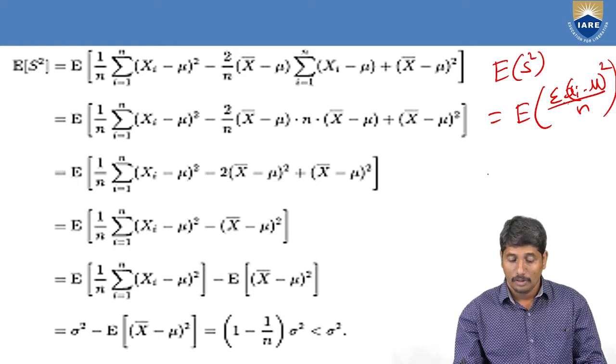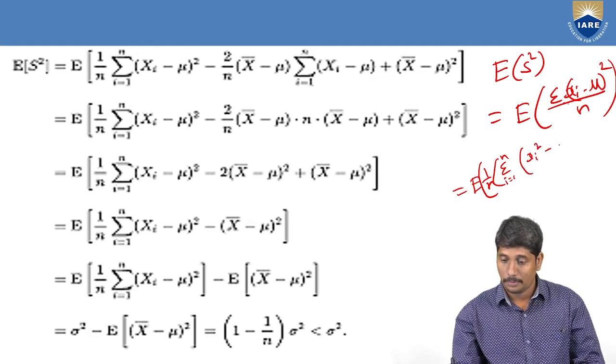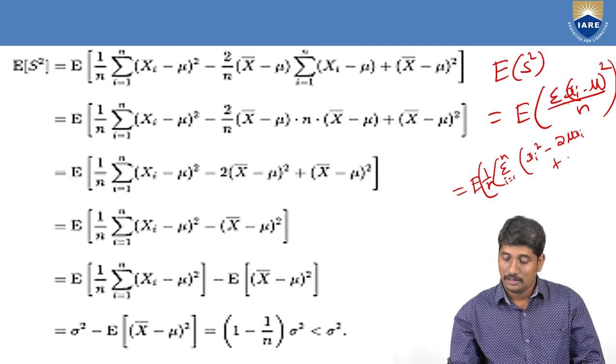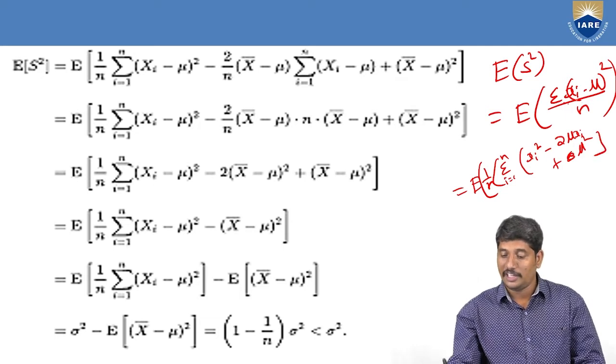Now let us write it as the expectation of 1 by n times the summation, i equal to 1 to n, of xi square minus 2 mu xi plus mu square.